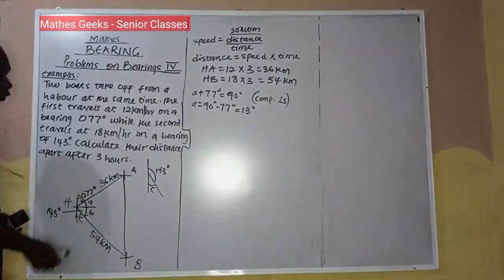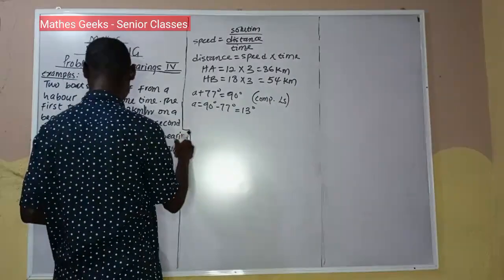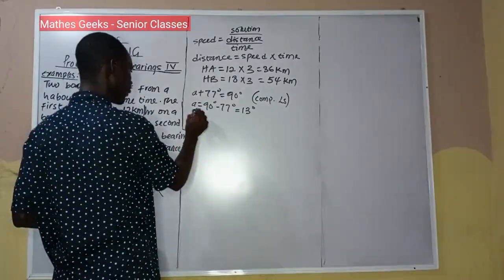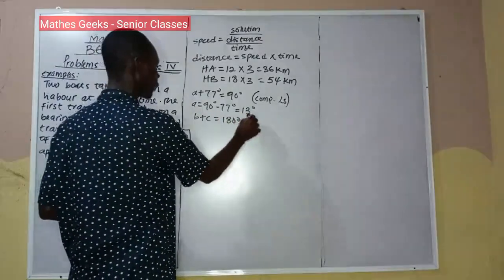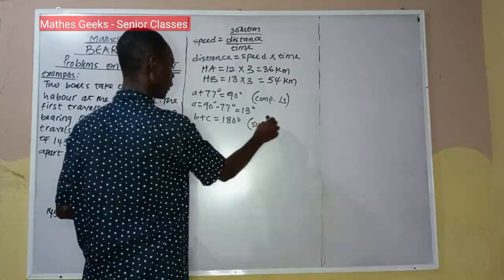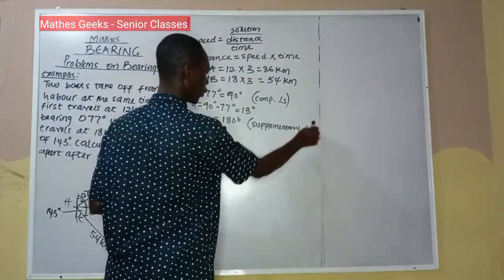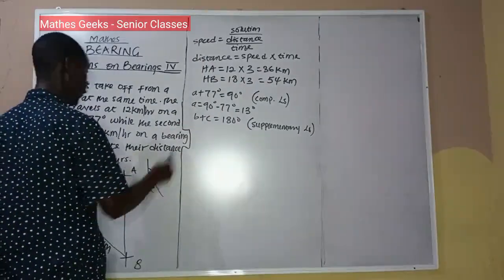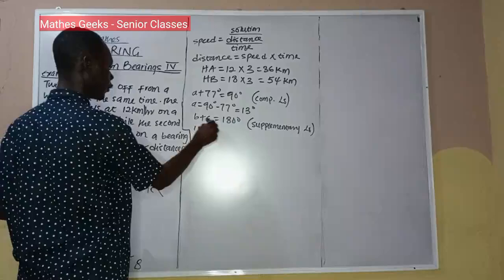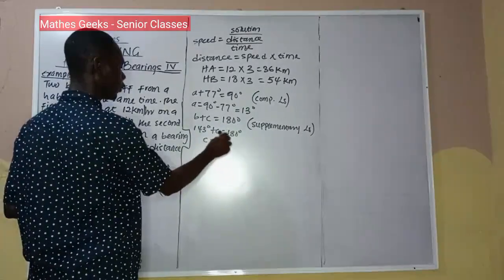These two are supplementary angles on a straight line. So 143 degrees plus C is equal to 180 degrees.